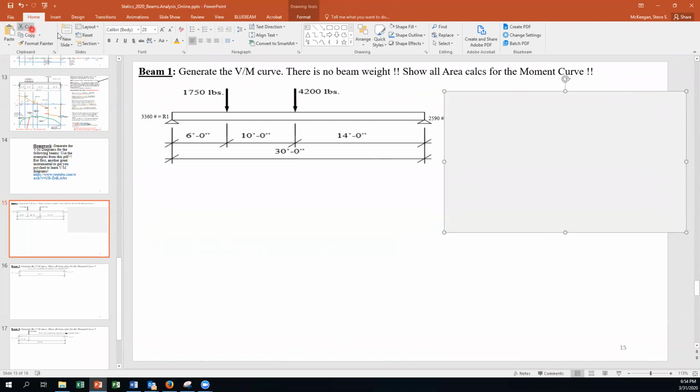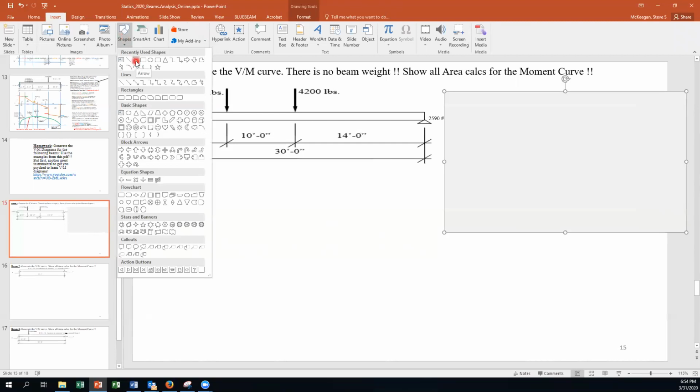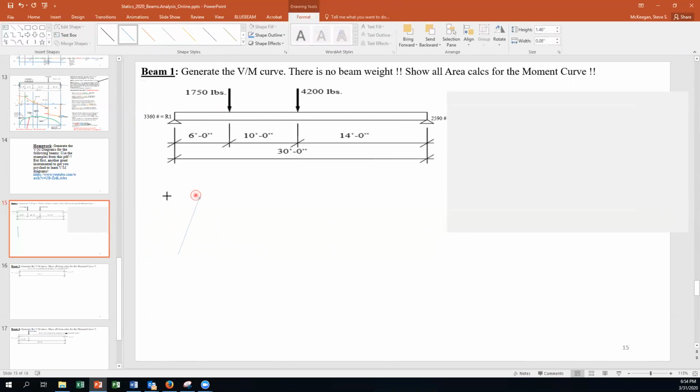So without drawing in my axes, let's do a shape here. What did I do? I started at 0, came over to here, did another one, came down to here, about 1610.